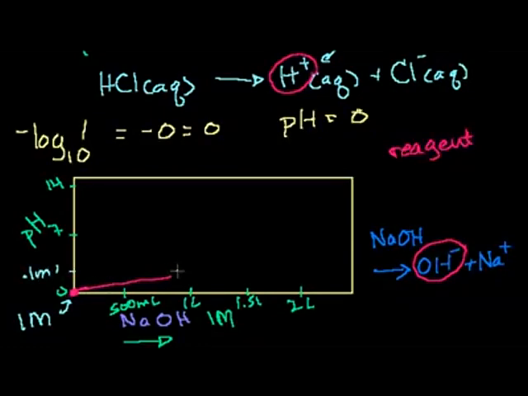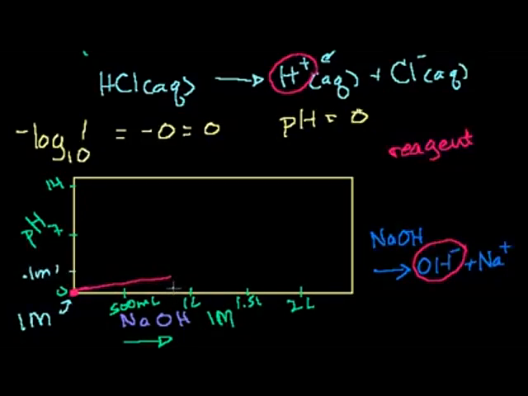So even though on a log chart it looks like you've made a very small movement, you've actually gone down by a factor of 10 in terms of your hydrogen concentration.